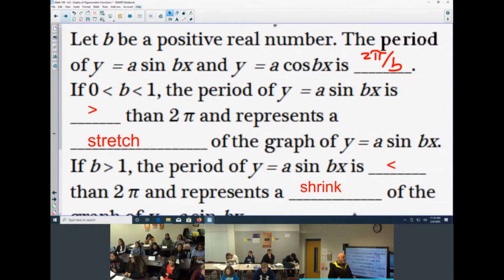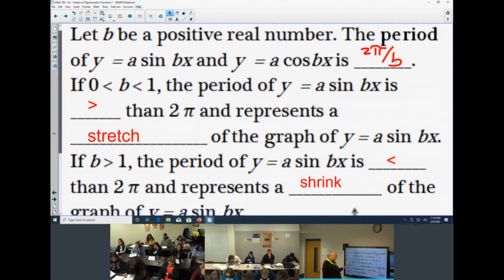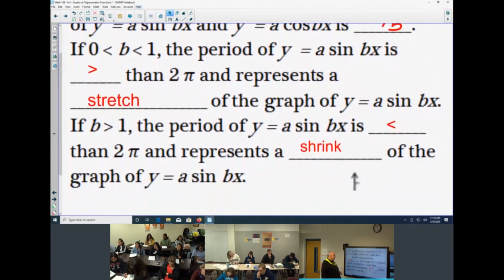It would give you a bigger period. So that would represent a stretch of the graph y equals a sine bx. If b is greater than 1, then the period of y equals a sine bx is less than 2 pi and represents a shrink of the graph of y equals a sine bx.